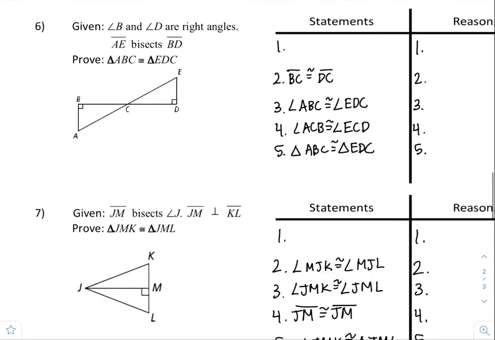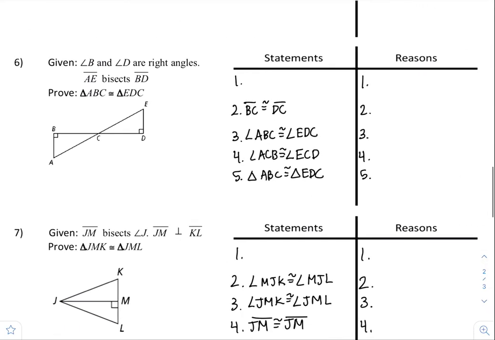Okay. Number 6. So I'm just gonna write down our given statements, right? AE bisects BD. That is given. Alright, so let's look at this. So they say, you guys, this is 90 degrees, and this is, well, they're both right angles, which are 90 degrees. So it says, you guys, AE bisects BD.